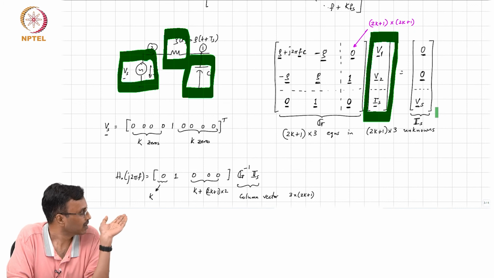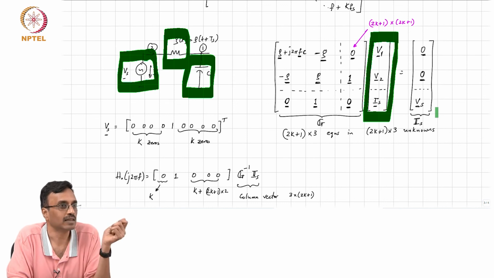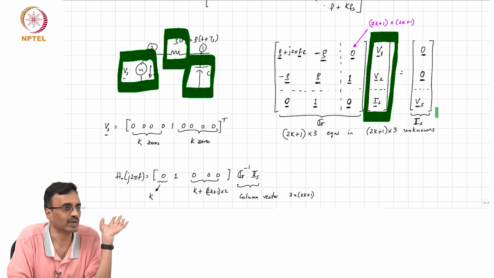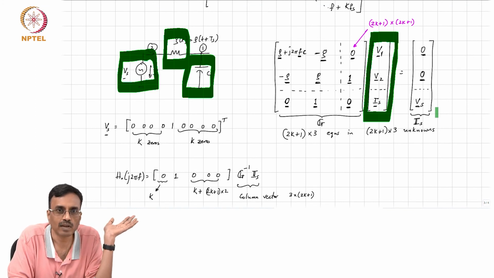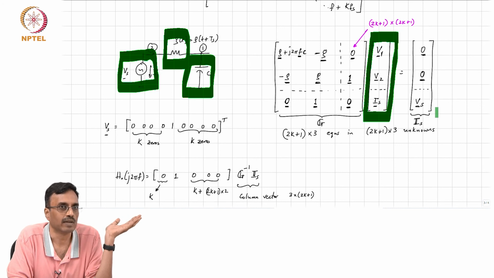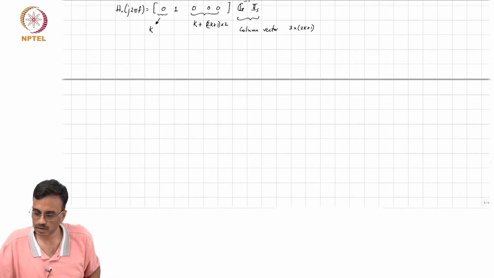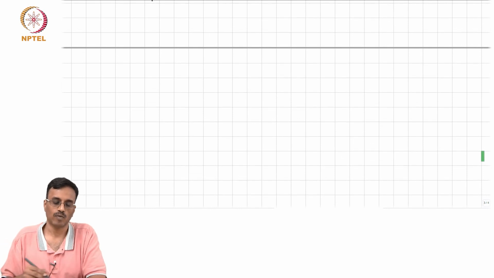I mean, it is admittedly messy to actually do the math, but to understand at a conceptual level what is happening is just as straightforward as it is with the time invariant case. Does it make sense, people? Okay. So now let me quickly do an example of what we should expect.